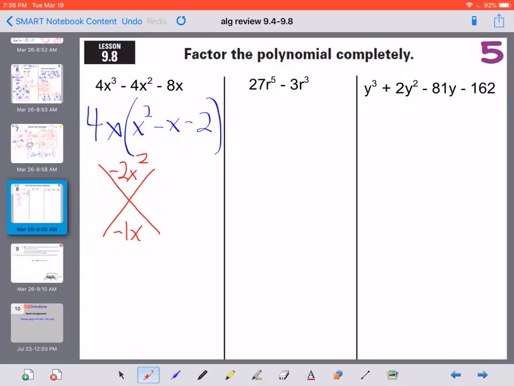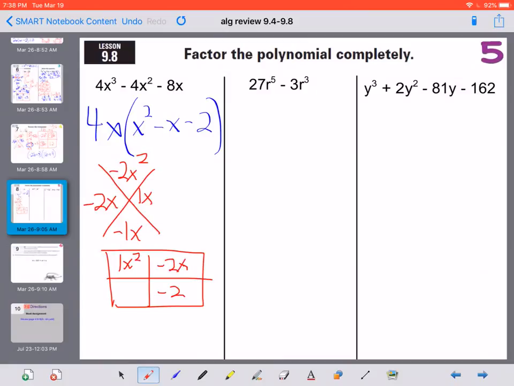Now, it looks like the two things that I can add together to make negative 1 and multiply together to make negative 2 will be a negative 2x and a positive 1x. So if I were to factor this out, I would have 1x squared, negative 2x, and a positive 1x.